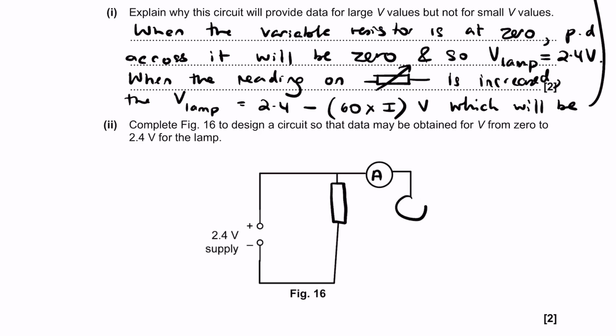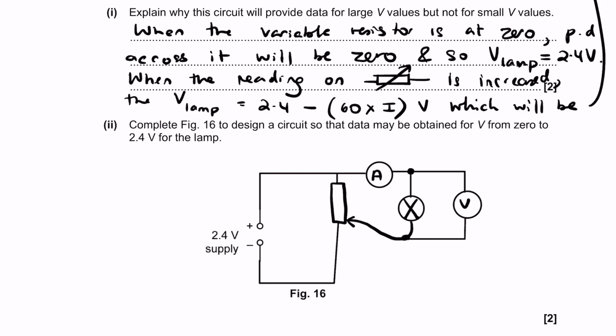And then I'm going to put a sliding contact, so you're able to just move it like that, and across it I have a voltmeter so that it's able to measure the voltage for the lamp.